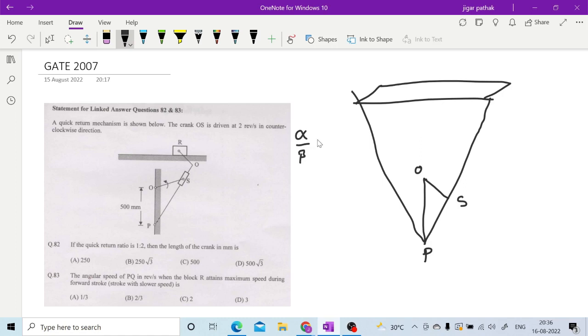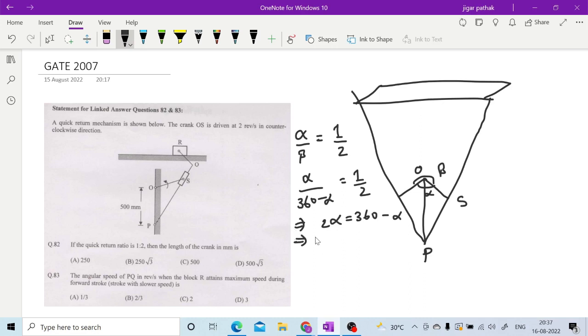Alpha by beta is given as 1 is to 2. As you can see here, this full angle is alpha and this angle is beta. So this beta is nothing but 360 minus alpha, and alpha over beta equals 1 by 2. Here we will have 2 alpha equal to 360 minus alpha. So 3 alpha is equal to 360, meaning alpha is equal to 120, and beta will be 240.